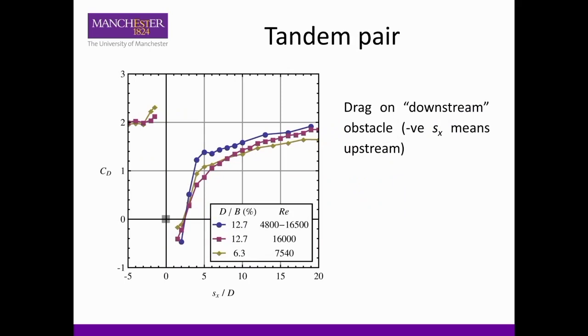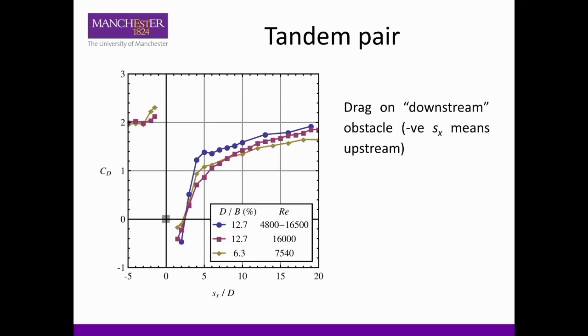If we look at the drag on what I've called the downstream obstacle, so here we're actually measuring the drag on the upstream obstacle. Okay, so measuring the drag on the downstream obstacle, not surprisingly, it's negative in this region, rises up as you go here, and is higher at the bit in between.